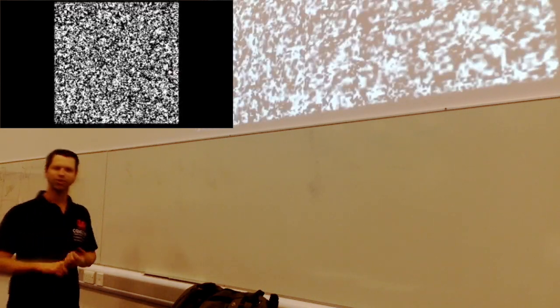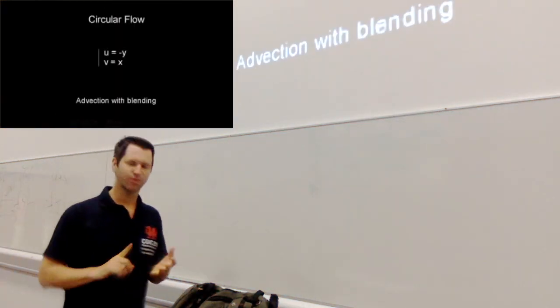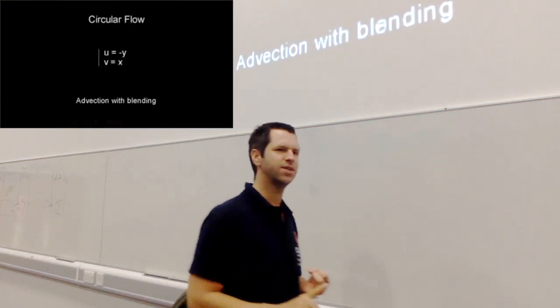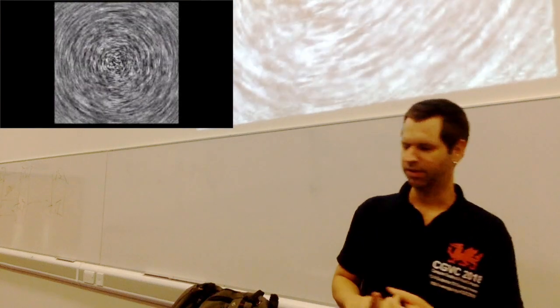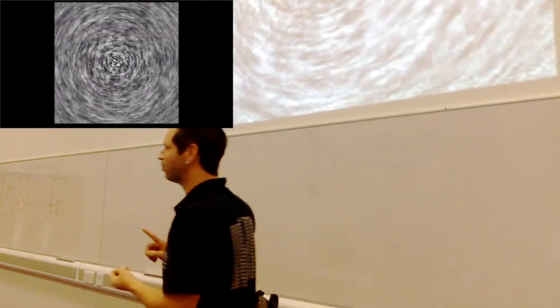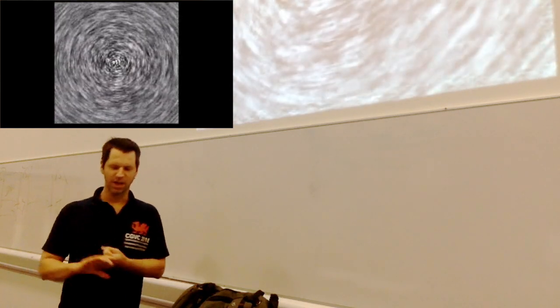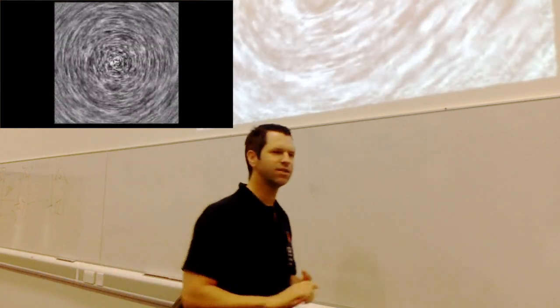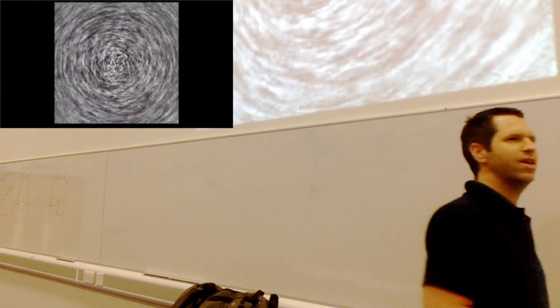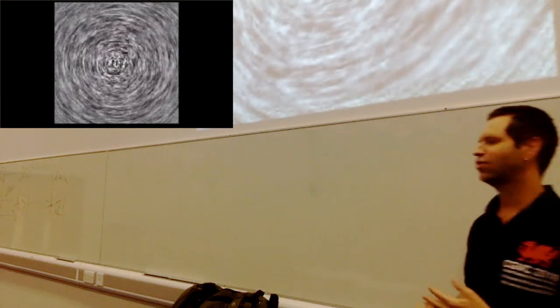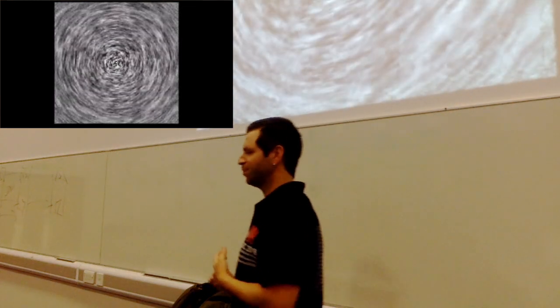Then we talked about geometric flow visualization. So direct was like glyphs and color mapping. Geometric was with streamlines and path lines, timelines, streak lines, stream surfaces, path surfaces, and streak surfaces.